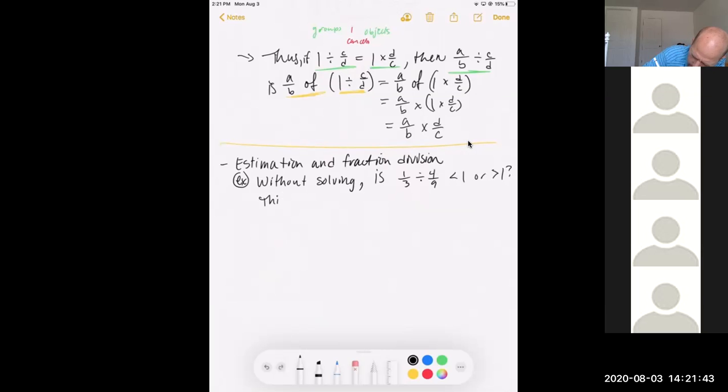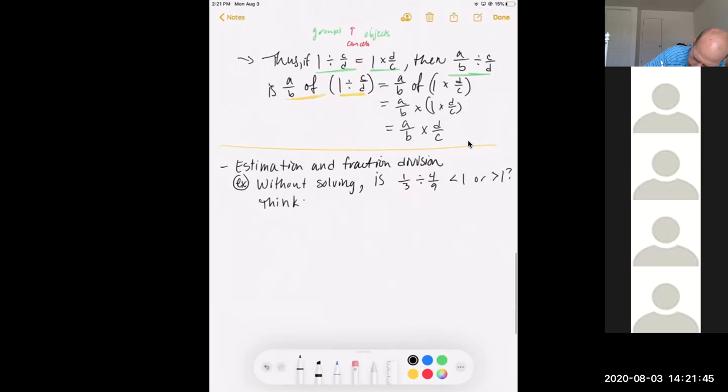We're going to think about this. If the answer is 1, then that means I can take at least one group of my divisor from my dividend, right? I can take one group of 4/9 from 1/3 if it's 1.